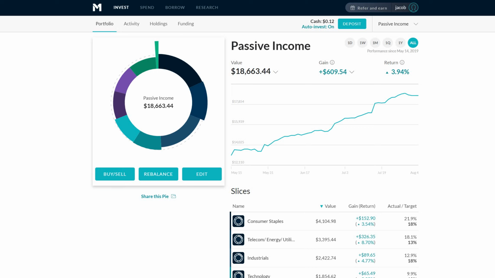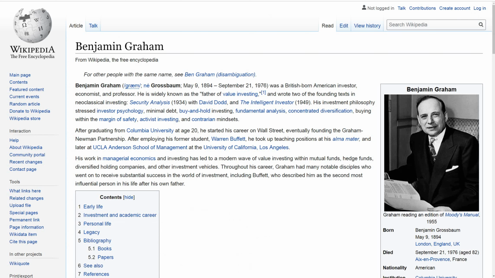When Warren Buffett was asked, what do you want to be most well known for, your money, your influence, he said he wants to be best known for being a teacher. And Warren Buffett also had a teacher, an individual that he looked up to, Benjamin Graham. Benjamin Graham was a British-born American investor and professor, known as the father of value investing.